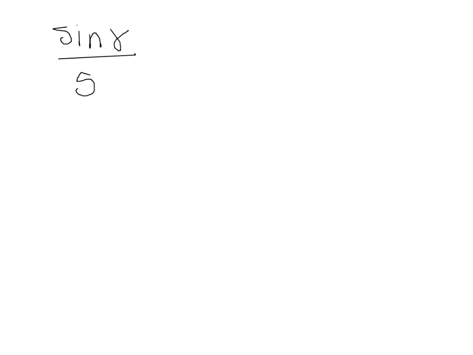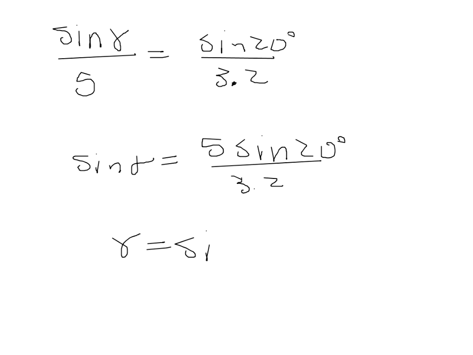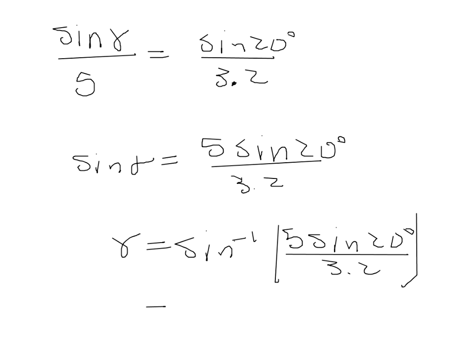And I repeat for gamma. Sine gamma over 5 is sine 20 over b. So sine gamma equals 5 sine 20 over 3.2. So gamma equals inverse sine of 5 sine 20 over 3.2.